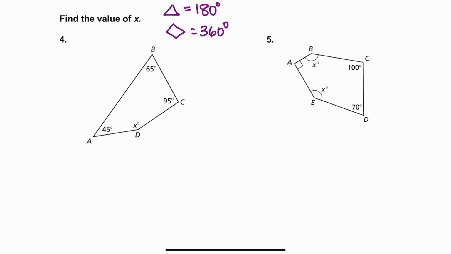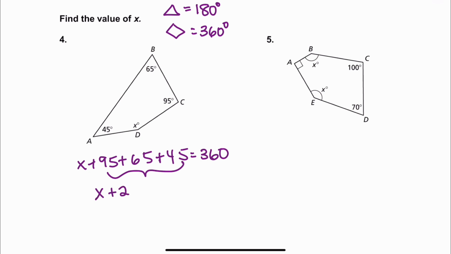So if I were to add up all of these 4 numbers, x plus 95 plus 65 plus 45, that's going to equal 360 degrees. So let's add up all of these numbers here. I get 205.